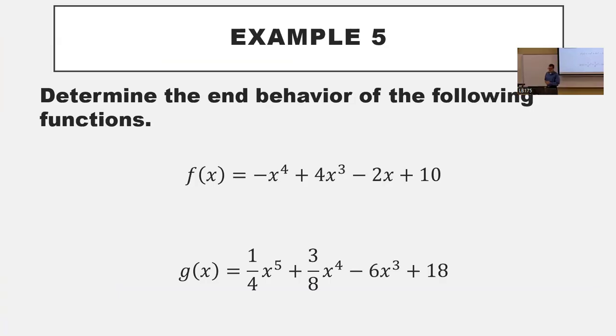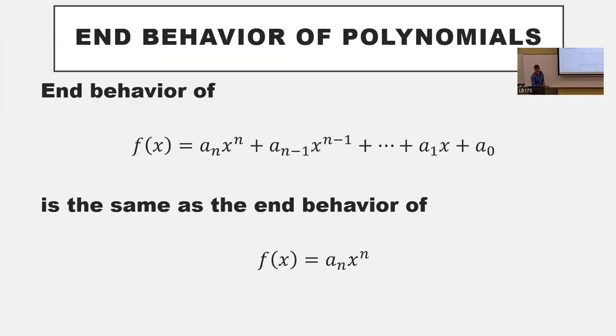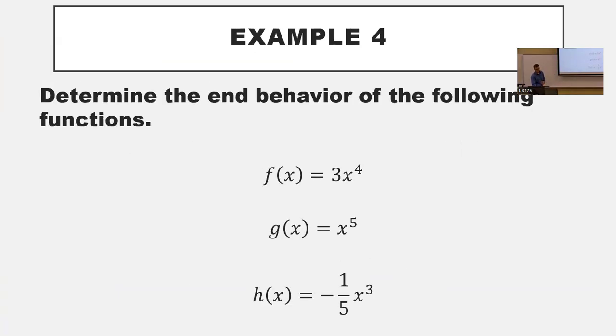So let's go back to what we did last time. Last time we were looking at end behavior of these types of power functions, which have whole numbers as their exponents. And we said if we had something like 3x to the fourth, you know what the end behavior does, just because of the nature of that.